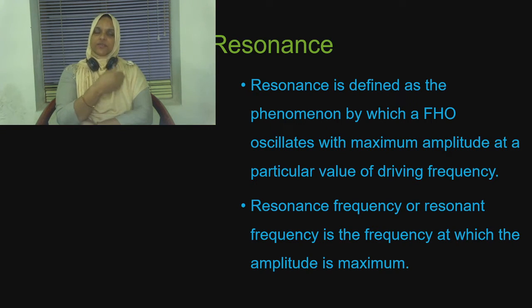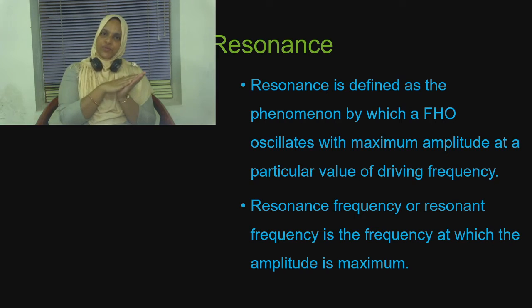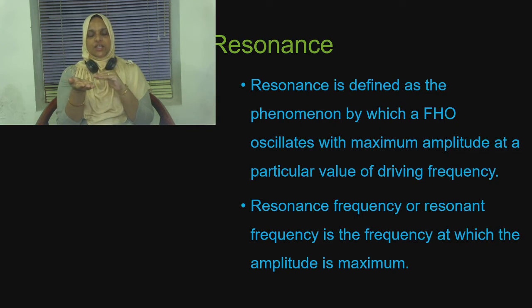We know that a forced harmonic oscillator is one which oscillates under the effect of an externally applied periodic force. If we apply a periodic force on a damped harmonic oscillator, it will continue to oscillate with the frequency of the external periodic force. That frequency is known as the driving frequency, and our oscillator will have a natural frequency of its own.